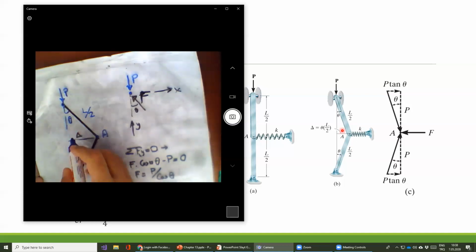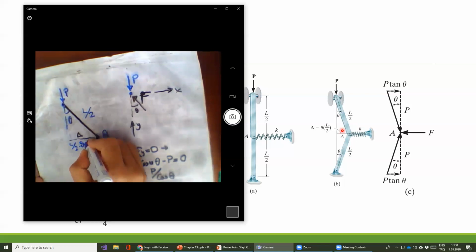For this term, it is L over 2 times sine theta.